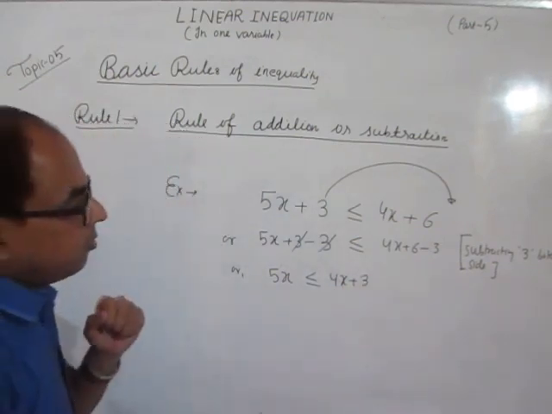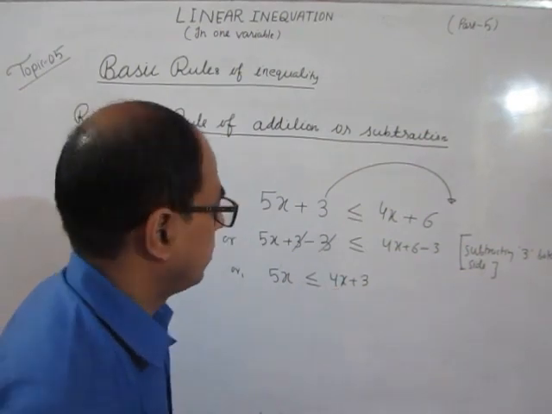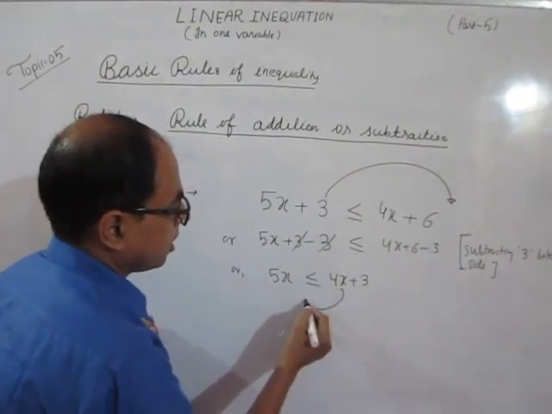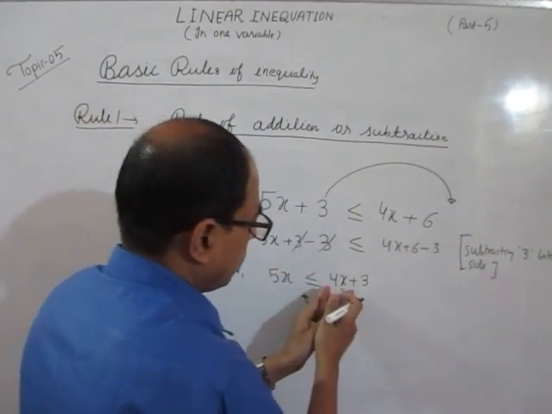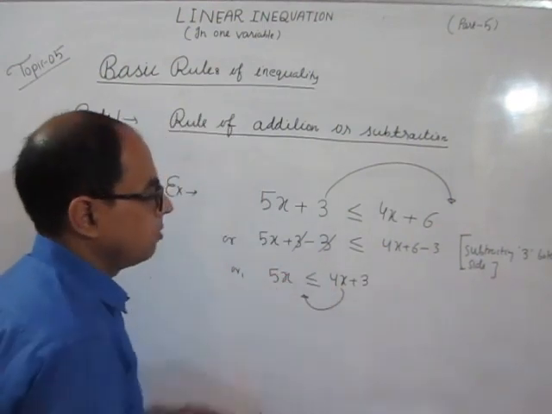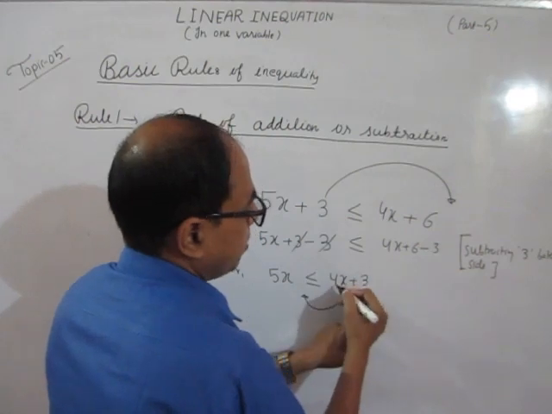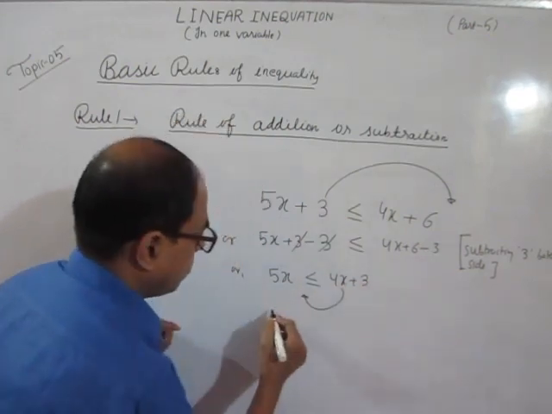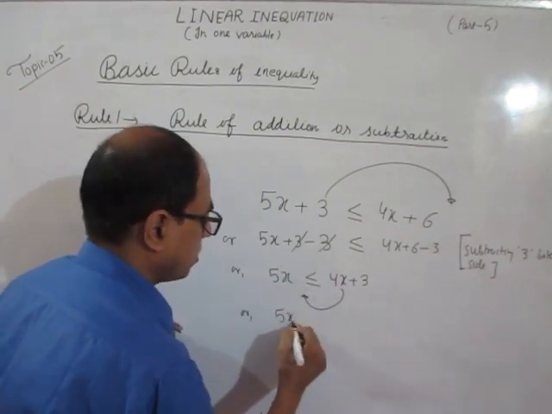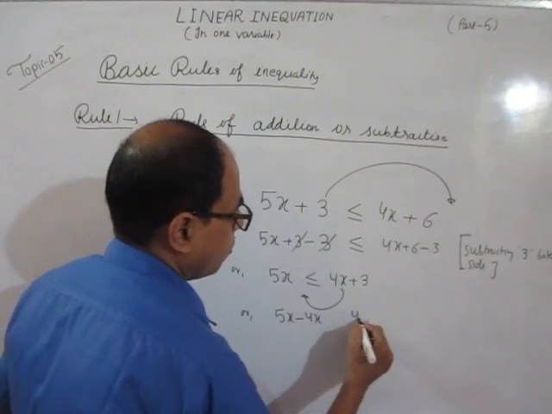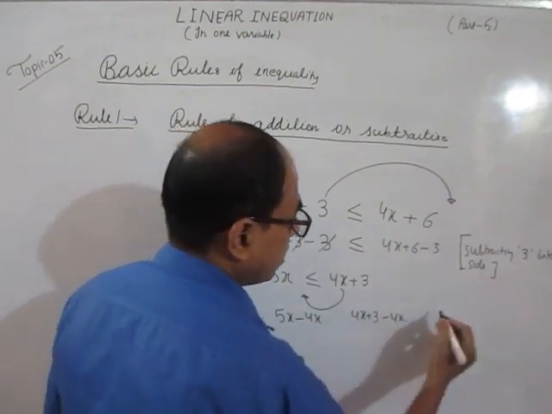Now suppose we want to shift the term 4x to the left side. To transfer this term to the left side, we will write minus 4x here. So minus 4x and 4x will be cancelled. So we will subtract 4x from both sides: 5x minus 4x, and 4x plus 3 minus 4x. So what are we doing?